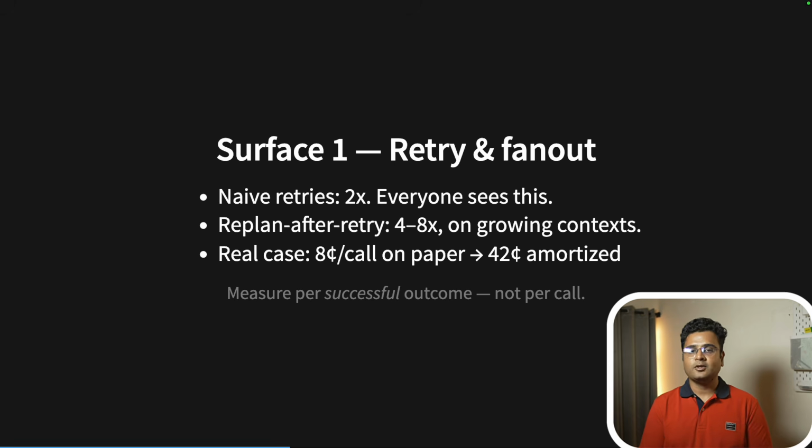I've seen an agent that cost 8 cents per successful call on paper, but it actually cost 42 cents because 18% of the calls retry, and retries average 4.3 extra inferences each. And the context became 2x larger than the original. If you are not measuring cost per successful outcome, not per call, then you're flying blind in your agentic AI system.